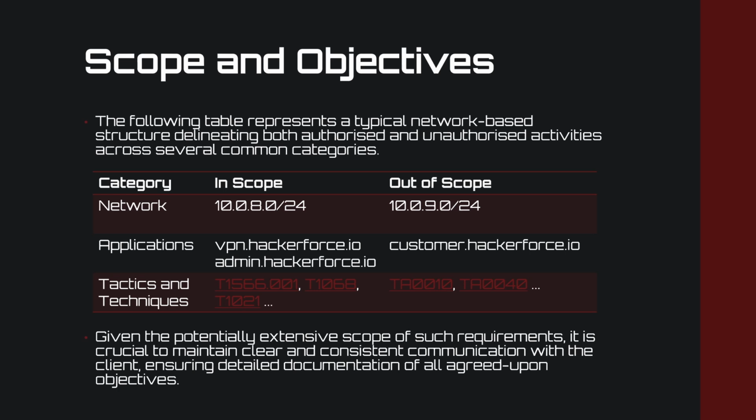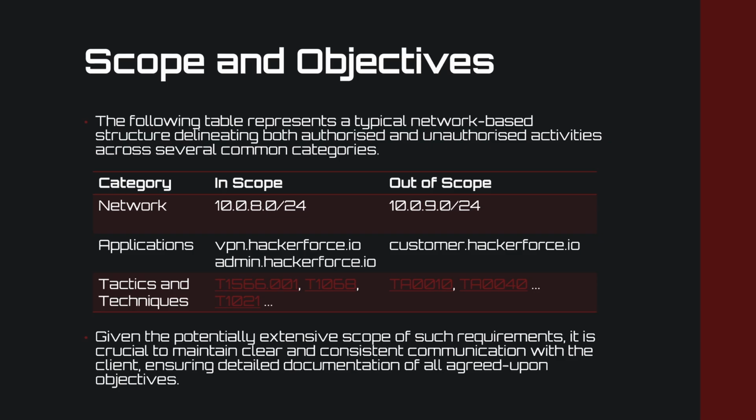What we'll focus on is network, where all of the IP addresses within the 10.0.8.0 IP range are perfectly testable. But any IP address in the out of scope section, the 10.0.9.0 range, is absolutely prohibited, and even attempting to ping an IP address within that range can seriously get us in a lot of trouble.